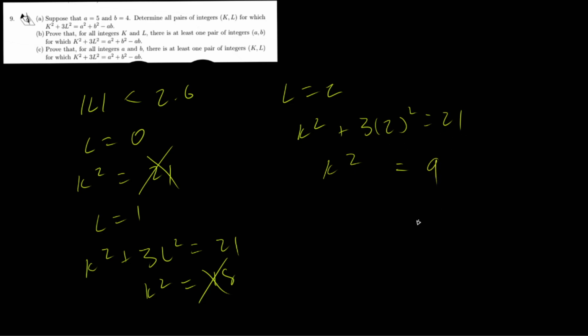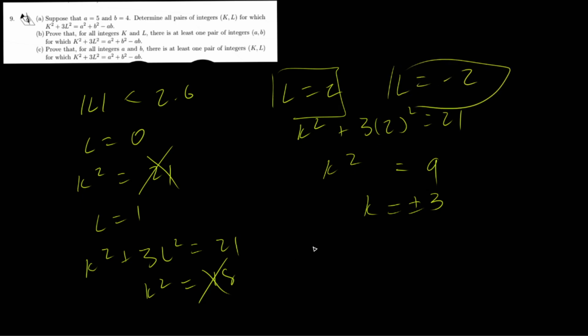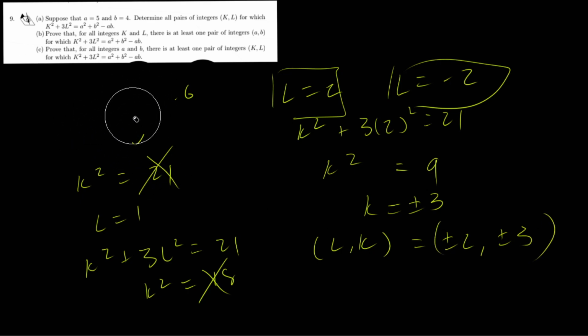K squared would equal 9, and this does have integer solutions. K would equal plus or minus 3. Because we know that it works for positive 2, we also know that L could equal negative 2 as well. So in the end, our answer is (L, K) equals plus or minus 2, comma, plus or minus 3. Now moving on to problem B.